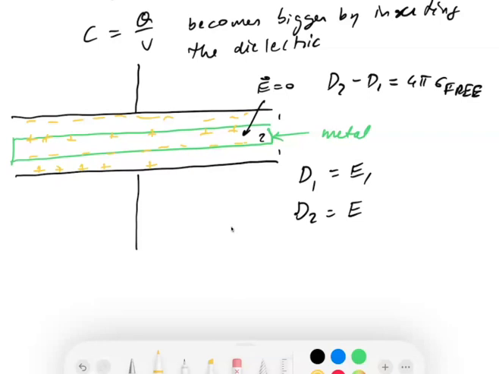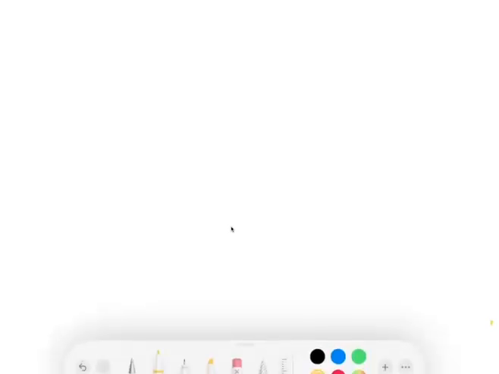Now, magnetic materials deserve their own new thing. Okay, magnetic materials.